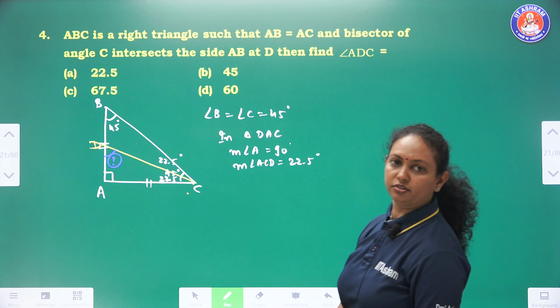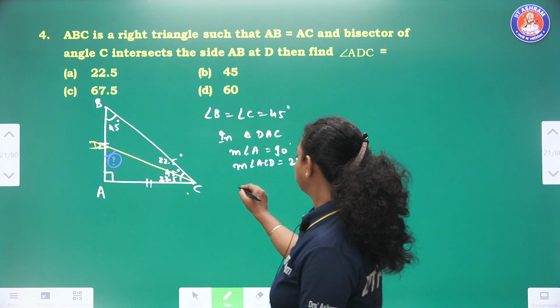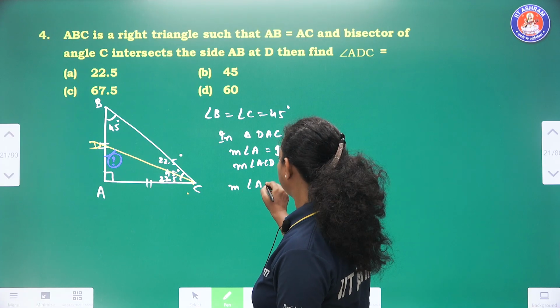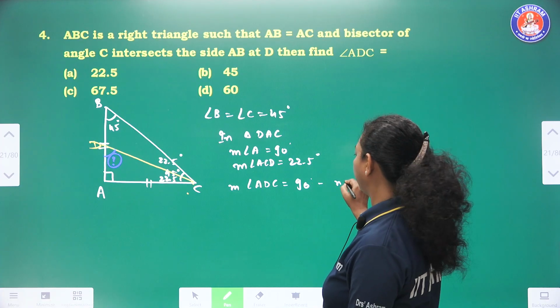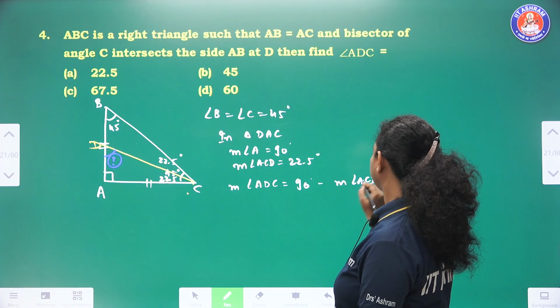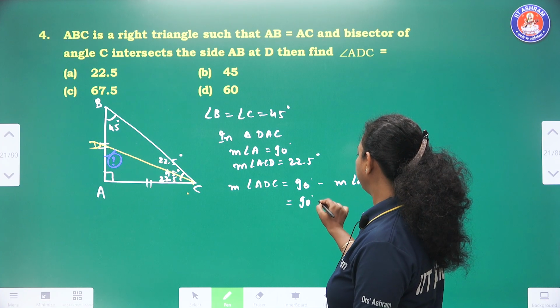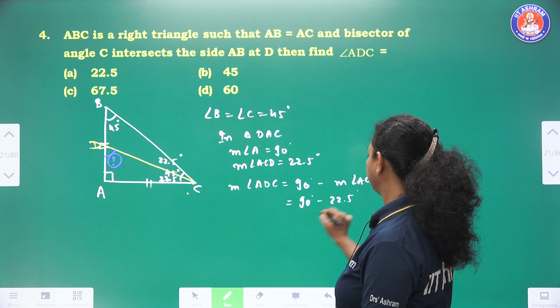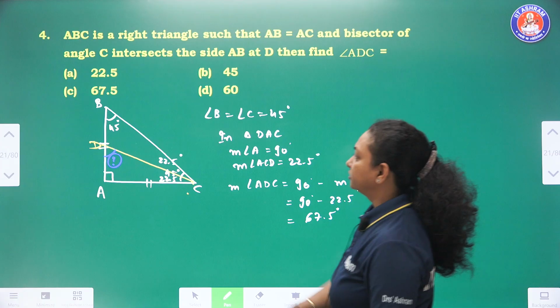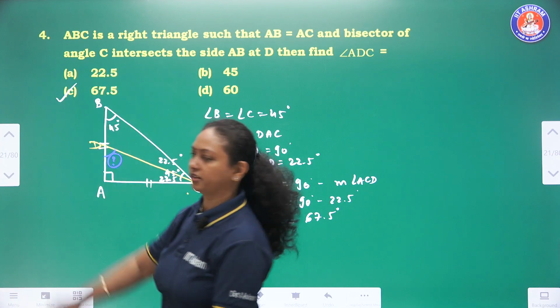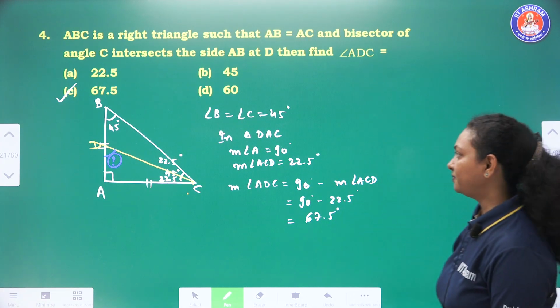So what should be the measure of angle ADC? The measure of angle ADC is equal to 90 degree minus the measure of angle ACD. So it is 90 minus 22.5 degree, which is 67.5 degree. So C option is the correct one. Clear?